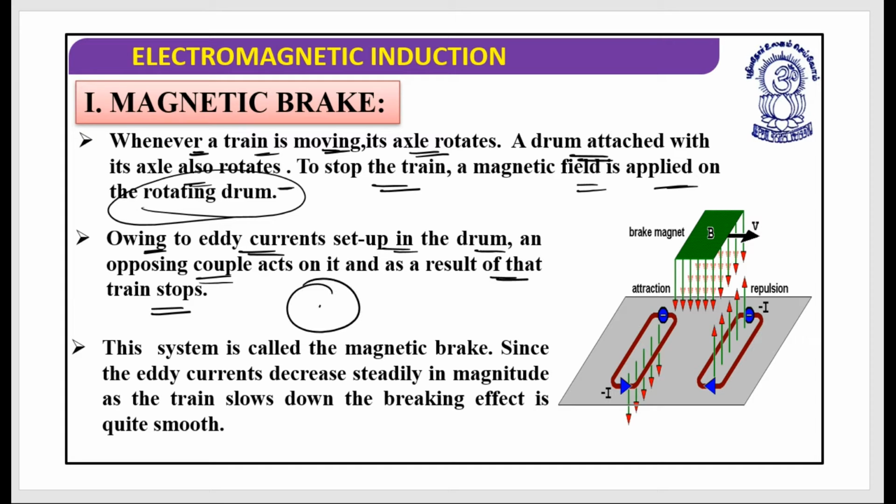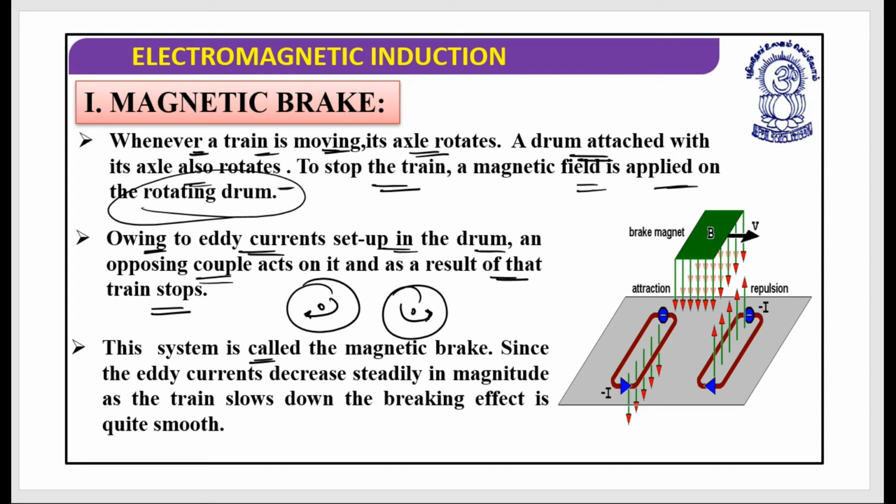Suppose the wheels are moving in this direction, then the opposing couple will act in this direction. Why? Because according to the principle of induced current, it will oppose the cause which produces it. So owing to eddy currents set up in the drum, an opposing couple acts on it, and as a result the train will stop.